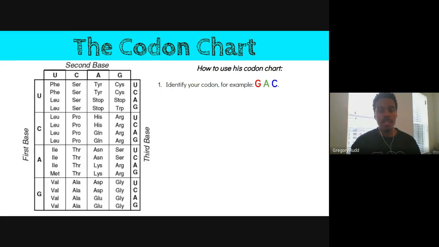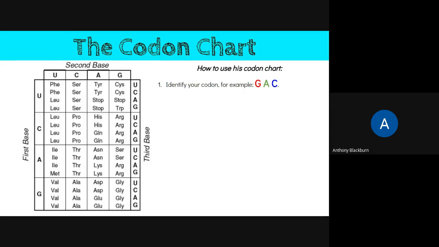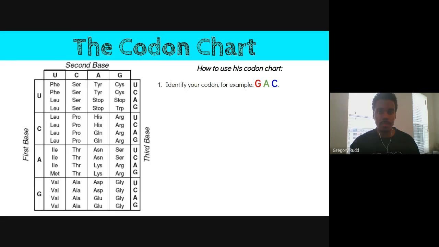So the next thing I need to do is identify what my first letter is. Can someone tell me what the first letter in this codon is? It'd be real simple. G. G, thank you so much. That means I need to look on the left side, and G is red here. Let me use some colors to help you all see this.